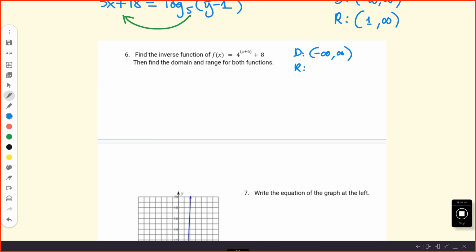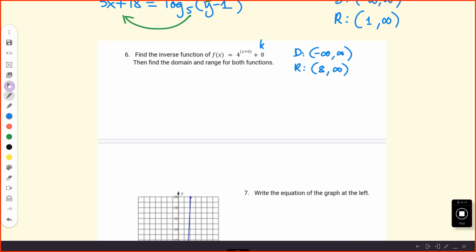Now, what is the range of the exponential? 8 to infinity, yes, because the k value is 8. So the horizontal asymptote would be y equals 8.